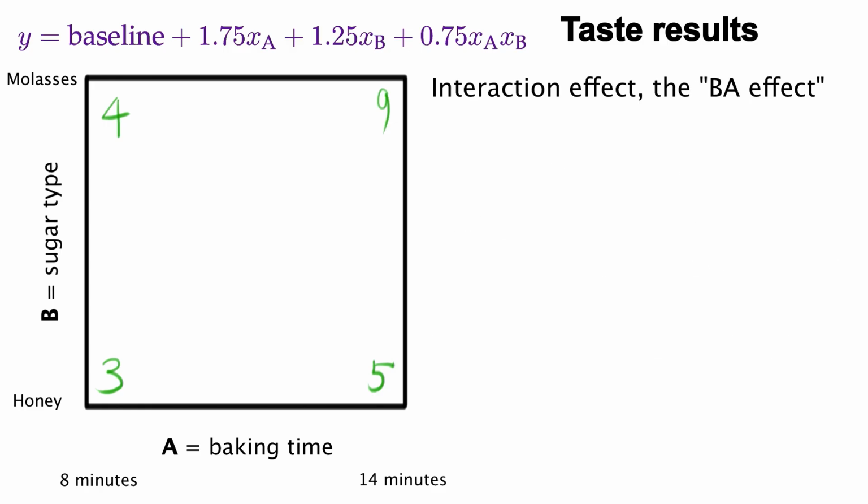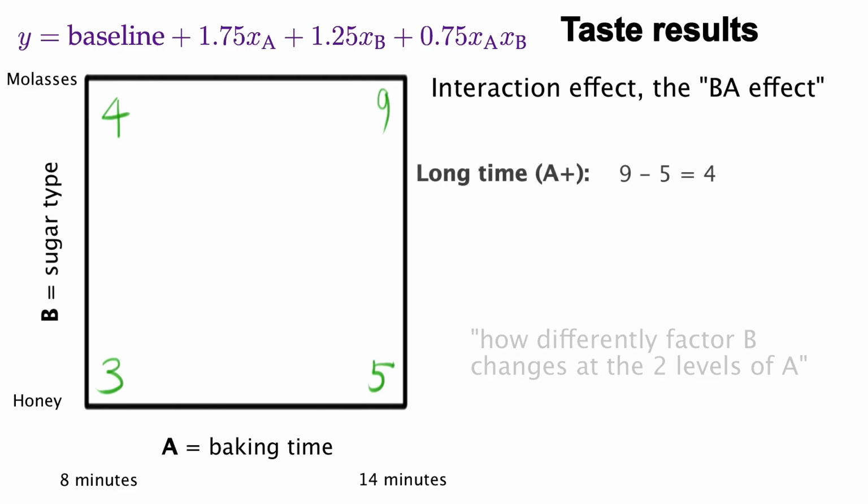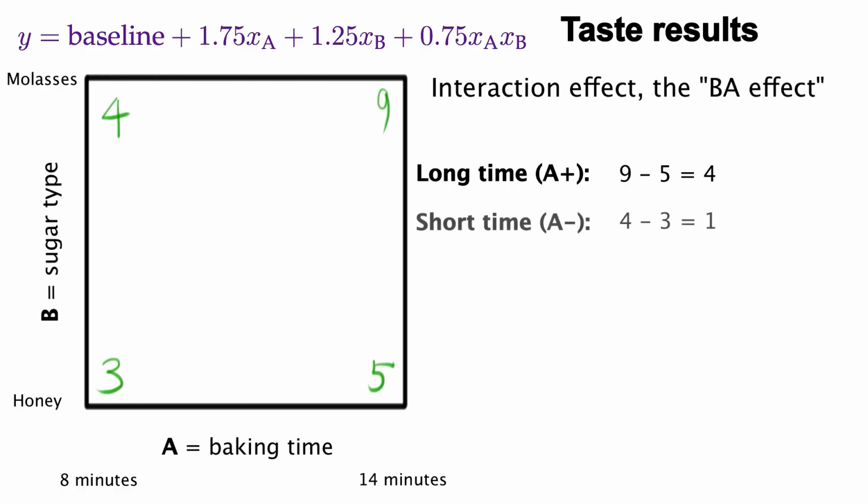Remember we said that interactions are symmetrical. So let's try it again by looking at it from the other perspective. Compare the difference for factor B at high and low levels of A this time. So the effect of sugar type at long cooking times is a difference of 4 units. That same difference when using short cooking times is only a difference of +1.